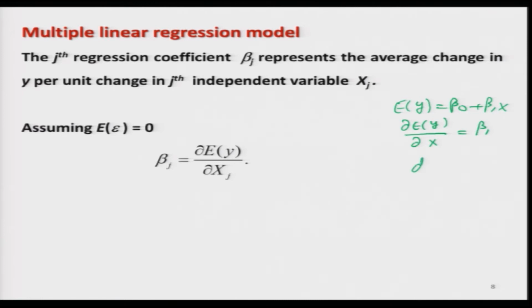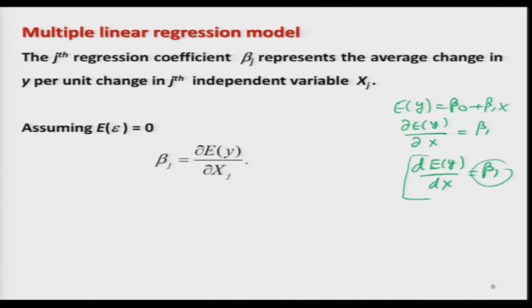Actually, there we consider the exact differential. So this was beta 1, and it was giving us the rate of change in the average value of y when there is a unit change in the value of x. So this was the interpretation for beta 1.